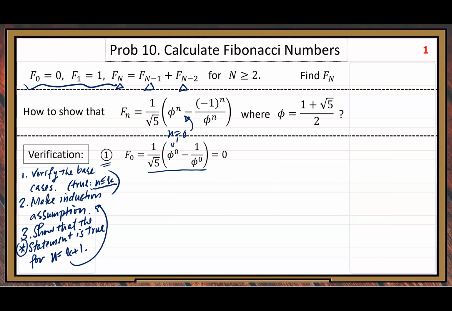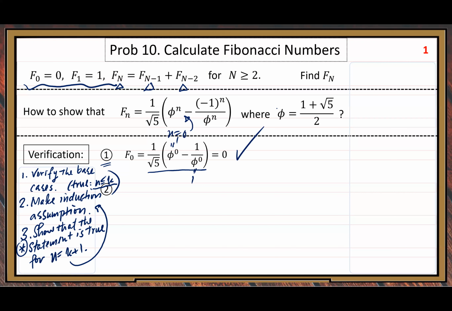Any non-zero number to the 0 power is 1; the base must be non-zero. Also 1 over 1, and 1 minus 1 is 0. So our first verification is correct.